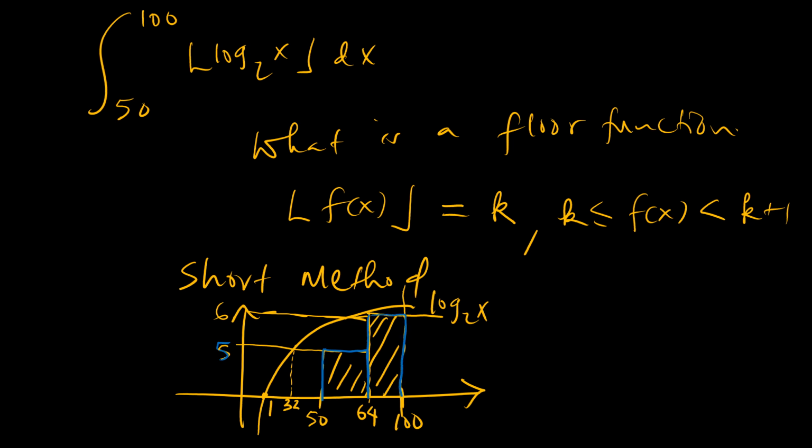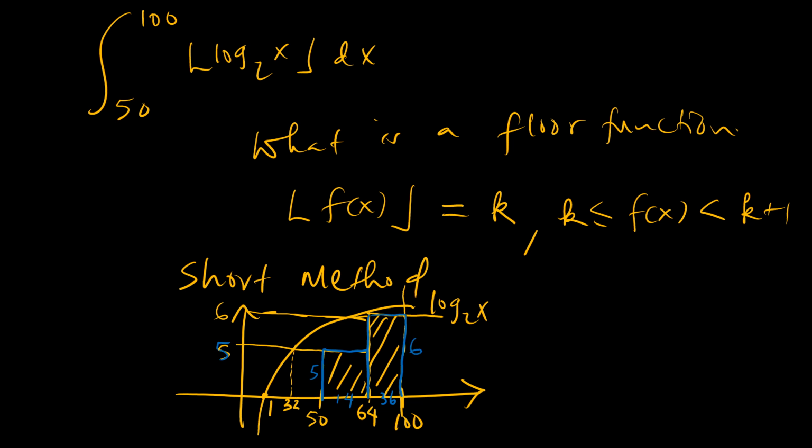So from 50 to 64 we have 14 units, right? From 64 to 100 we have 36. It doesn't look like that, I mean, we didn't draw it to scale. And then the height here is 5. And the height here is 6.